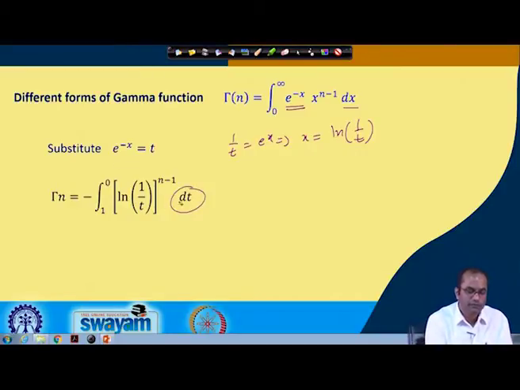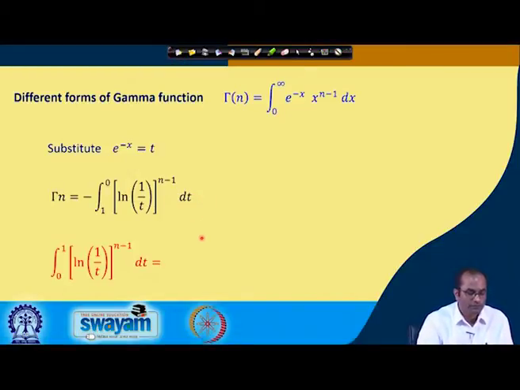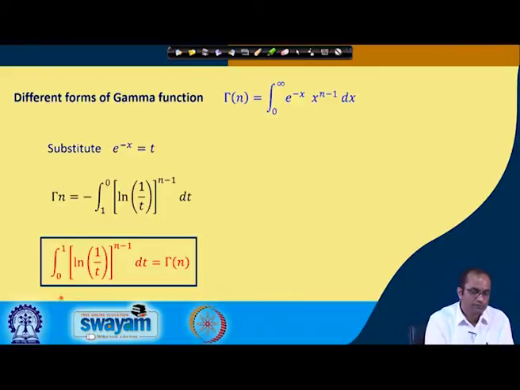So, there will be no extra term coming here, and then we have gamma n as the integral from 1 to 0, which will be again replaced by 0 to 1. So, this is another form of this gamma function, and such an integral can be just written as gamma n.